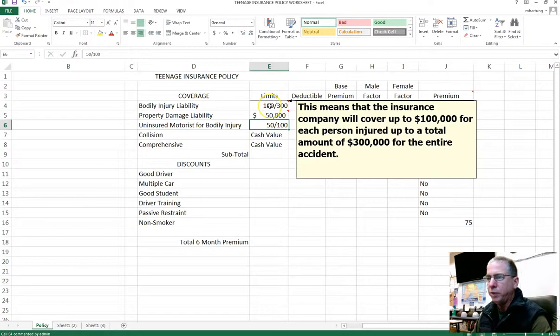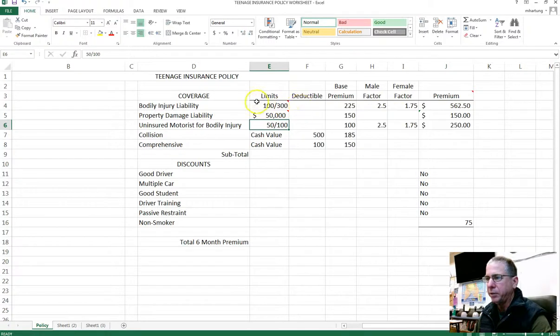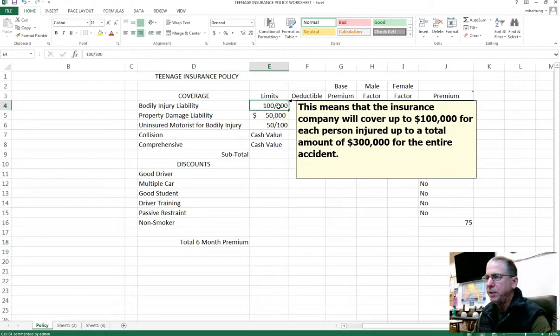Okay, the 100/300. What that means is this right here. This means that the insurance company will cover up to $100,000 for each person that might be injured in an accident. Now, keep in mind that bodily injury liability is when it's found to be your fault. If you cause harm to somebody, your insurance company, in this example, would cover up to $100,000 for each person that was injured.